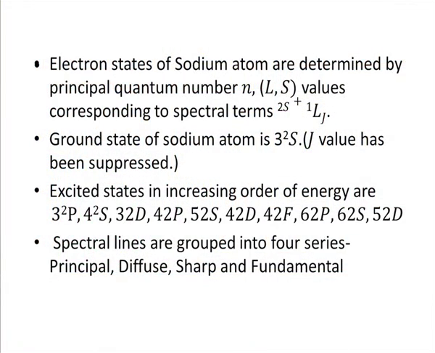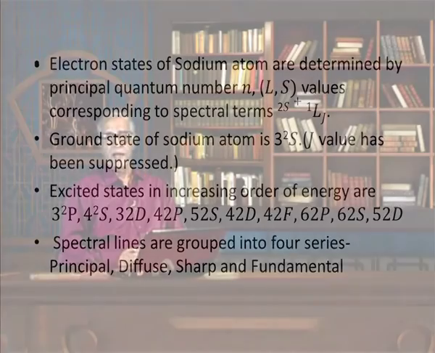Just as we saw before that the spectral lines of hydrogen atom were grouped in various series, Lyman, Balmer, etc., similarly, spectral lines of alkali atoms have been grouped into 4 series, and it is now up to the theory to explain why these 4 series have come into existence.